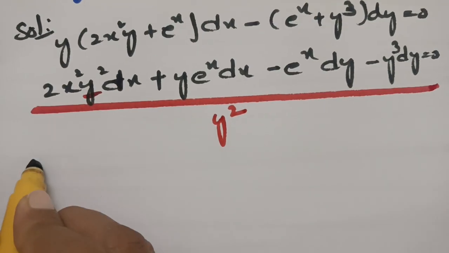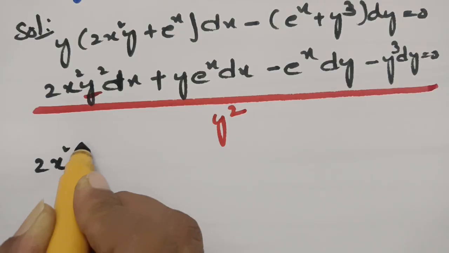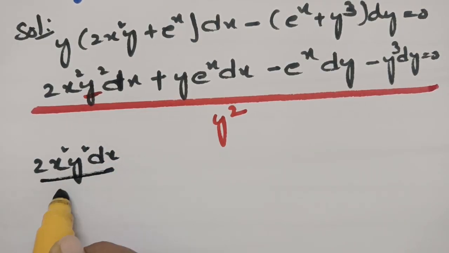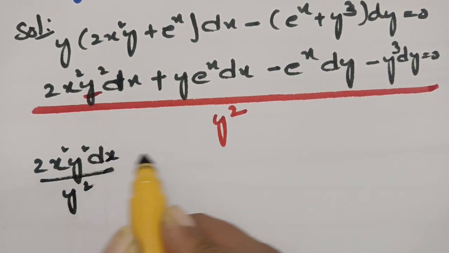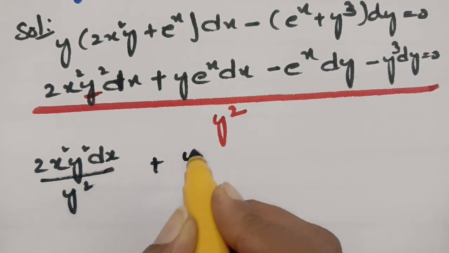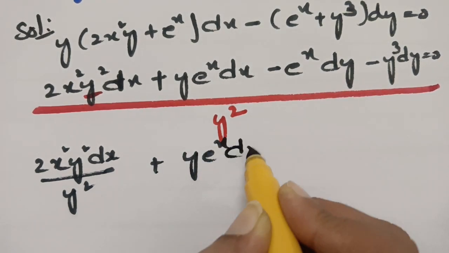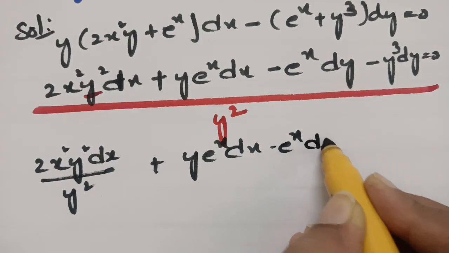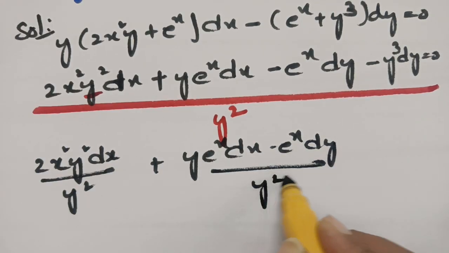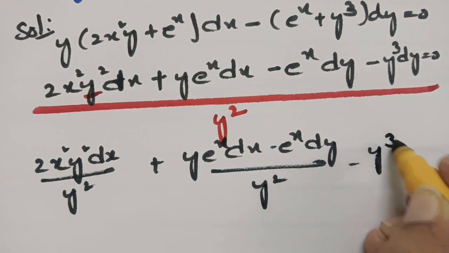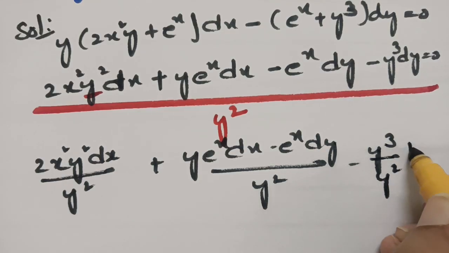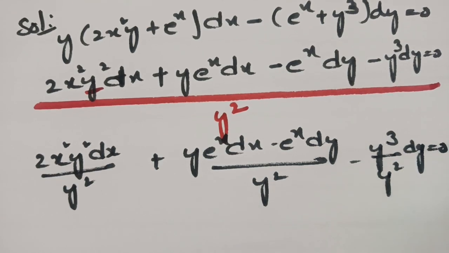So this value is 2x square y square dx by y square. And the next thing is y into e power x dx minus e power x into dy by y square minus y cube by y square into dy is equal to 0.